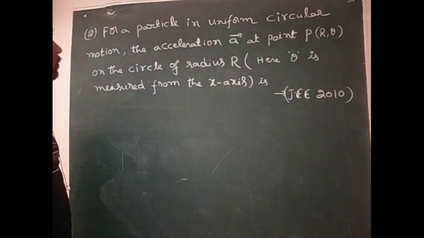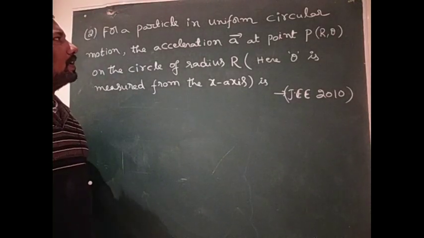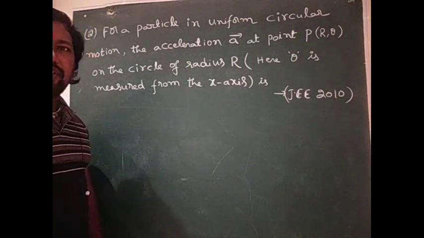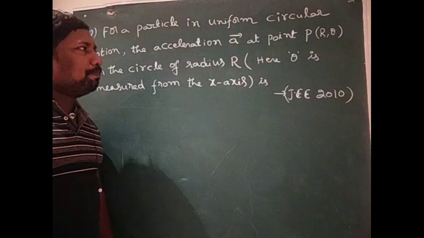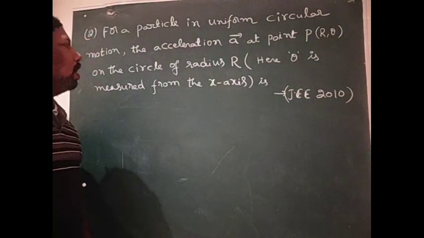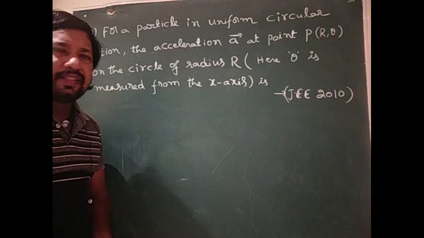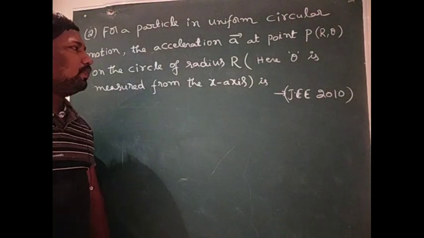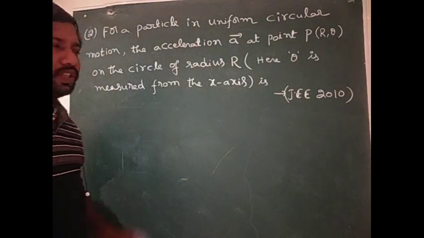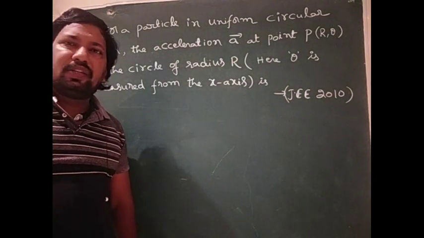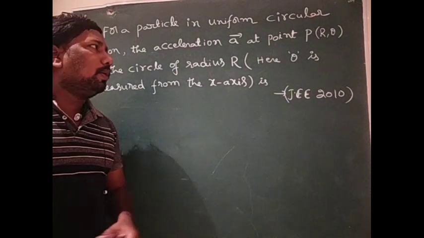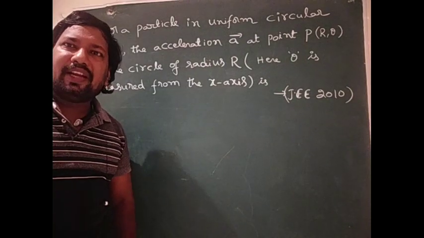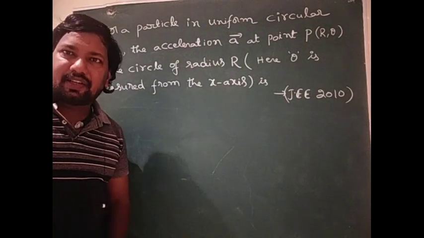Next problem: for a particle in uniform circular motion, the acceleration A bar at point P (r, theta) on the circle of radius capital R, where theta is measured from the x-axis. This problem was asked in 2010.